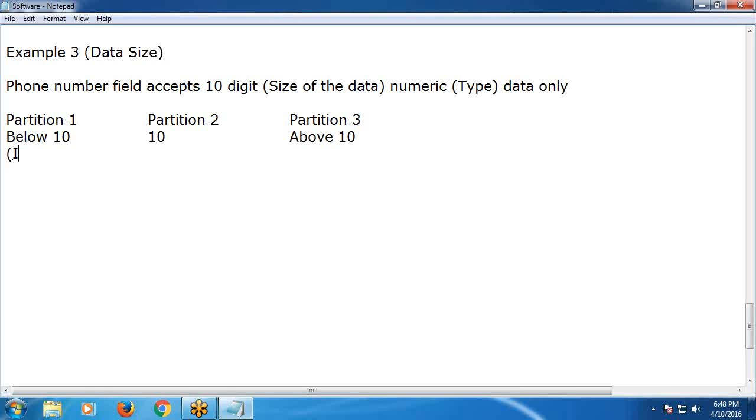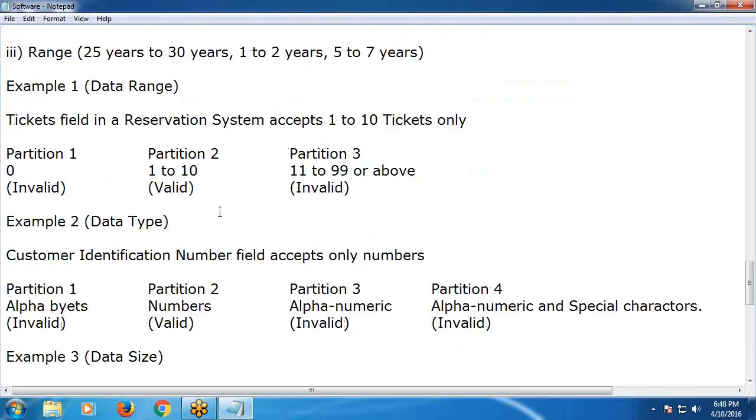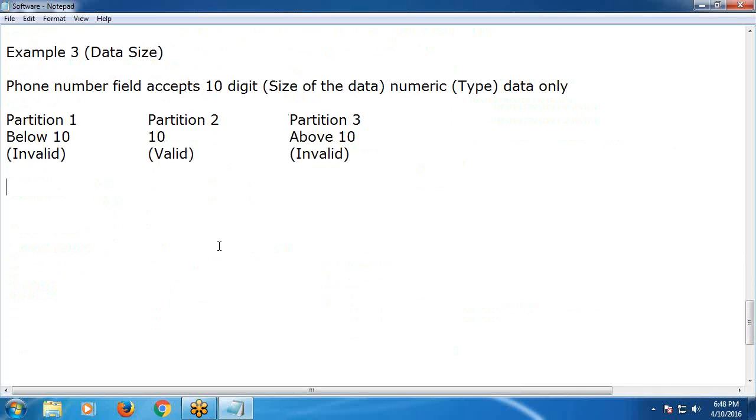Invalid. Next, valid. Next, invalid. So we covered three factors: data range, data type, and data size.